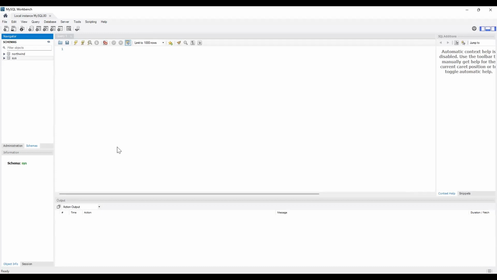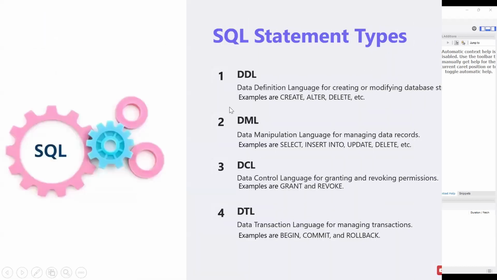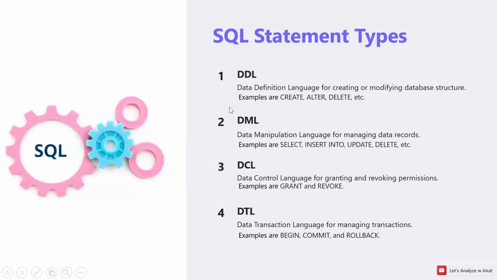so let's create our first schema. But before we create our first schema, I want us to learn about the SQL statement types so that we can understand the basic statement types. We have the SQL statement types. The first one we'll be discussing is the DDL. DDL, which means data definition language.